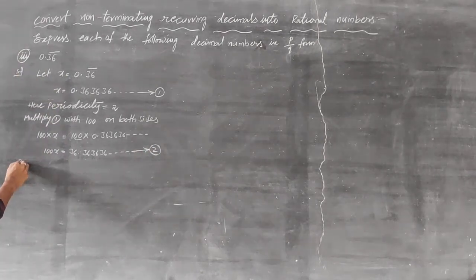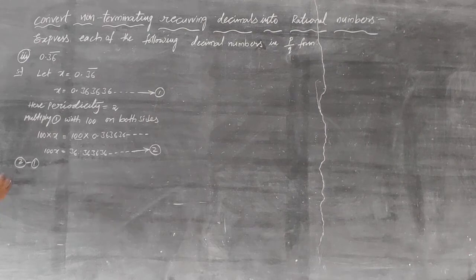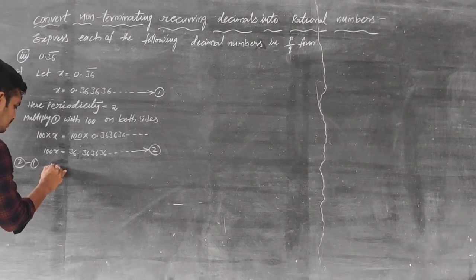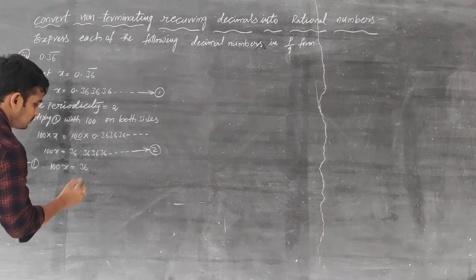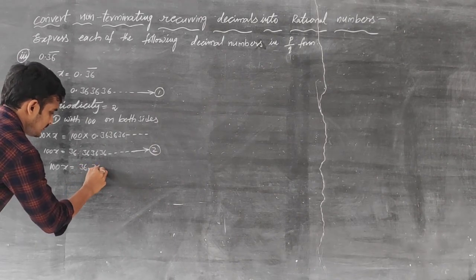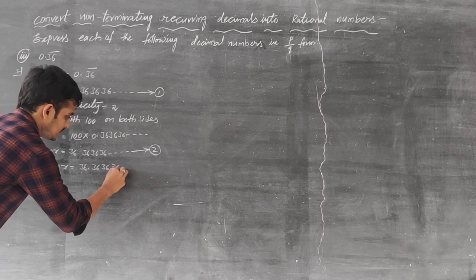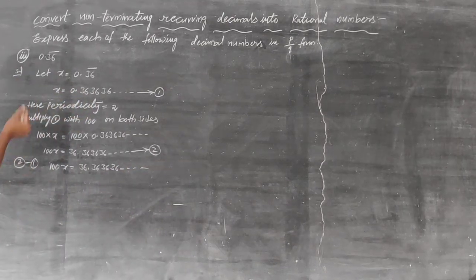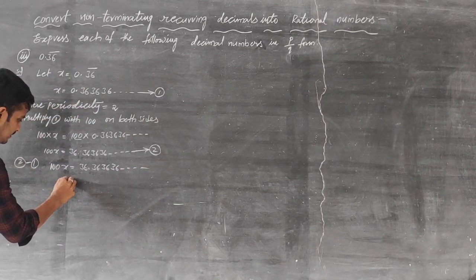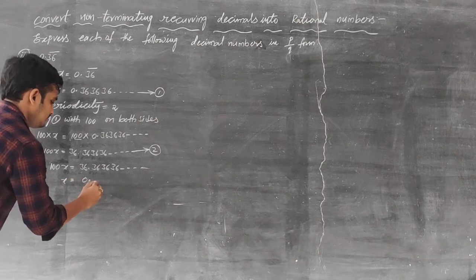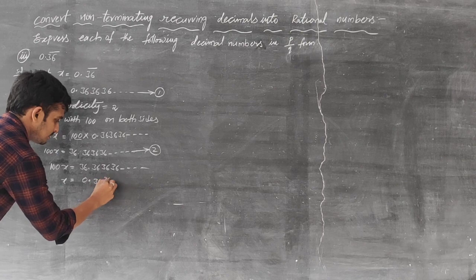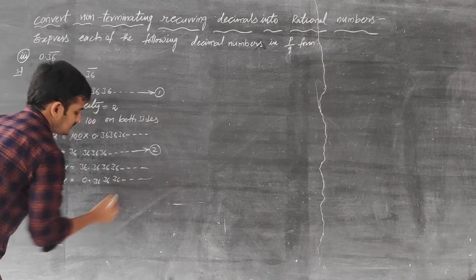Now we are doing equation 2 minus equation 1. What is equation 2? 100x is equal to 36.3636 and so on. What is the first equation? x is equal to 0.363636 and so on.